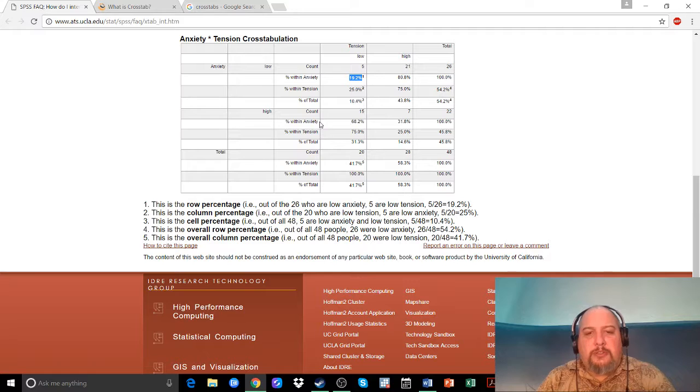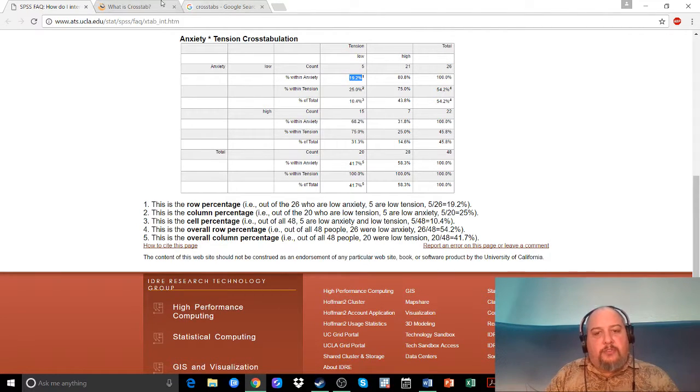What I'd really rather talk about is the fact that 5 of the individuals who have low tension and low anxiety, the 48, 10%, that's what I want to discuss. I want to talk about how 10% of the people that I looked at had both low anxiety and low tension.